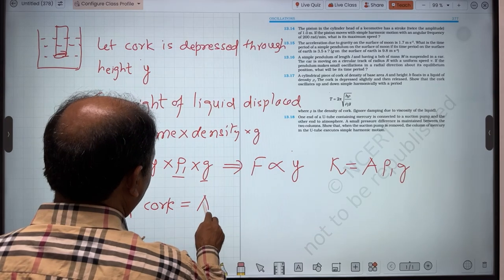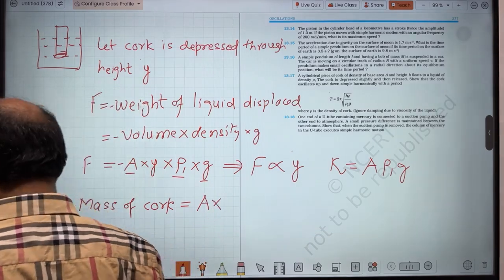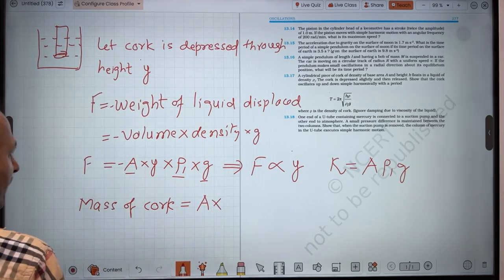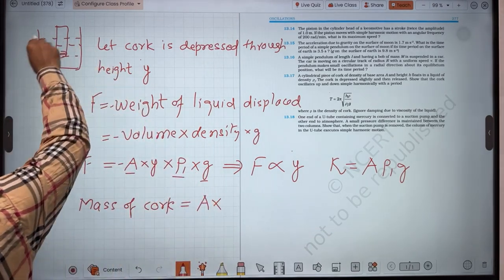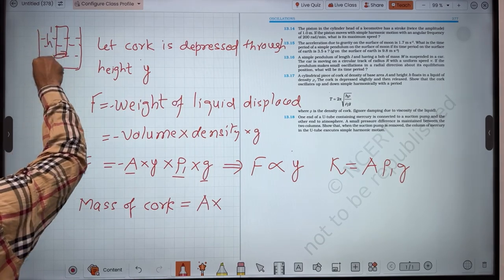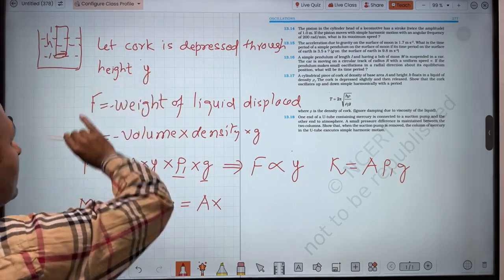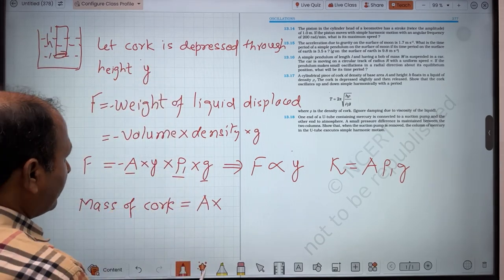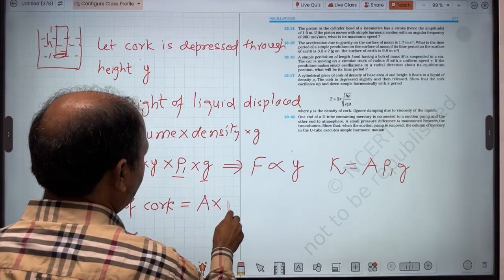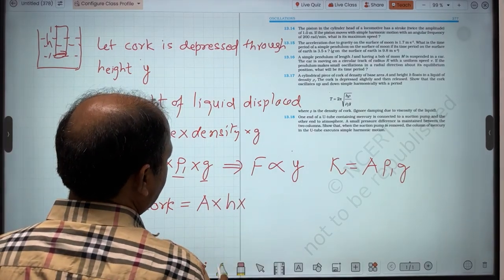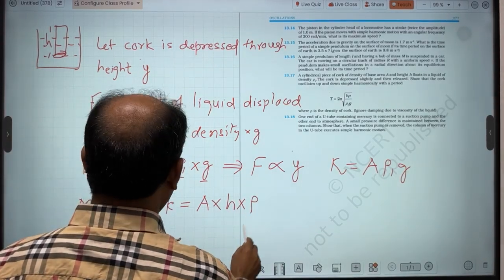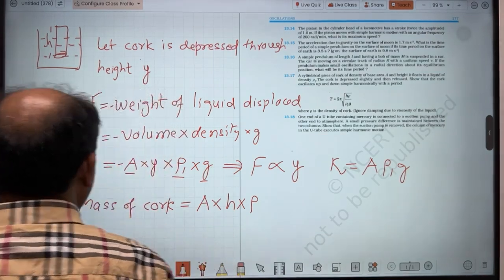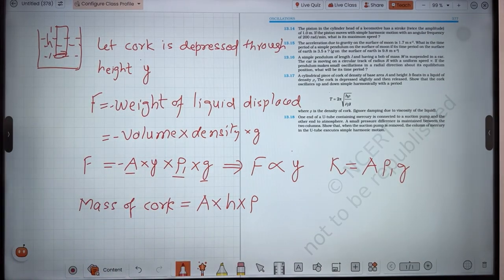So volume is area into its height. This cork has height h overall. It is depressed through y, right? So volume is A h, its density is rho, right? So this is the mass of cork.